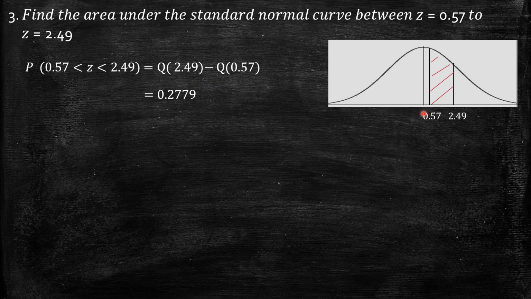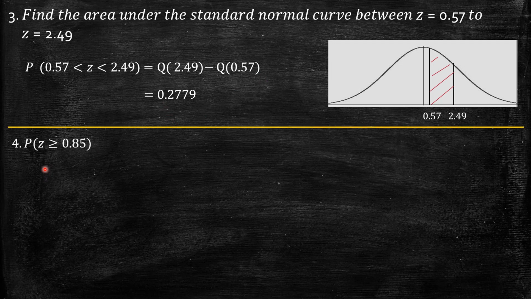Q of 2.49 means the area from 0 to 2.49, from which you subtract the area from 0 to 0.57, which gives the required area. Therefore the probability of 0.57 less than z less than 2.49 is Q of 2.49 minus Q of 0.57, which comes to 0.2779.